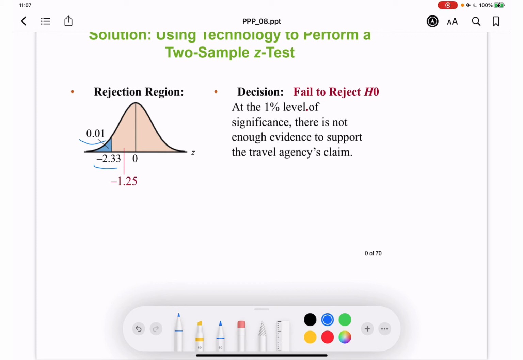And since our standardized z-score is negative 1.25, it's falling in the fail to reject area. Okay, so we fail to reject our null hypothesis. Now we are heading towards drawing the conclusion. Our subject of interest, which is our claim, the alternative, is being rejected. So rejecting the claim.